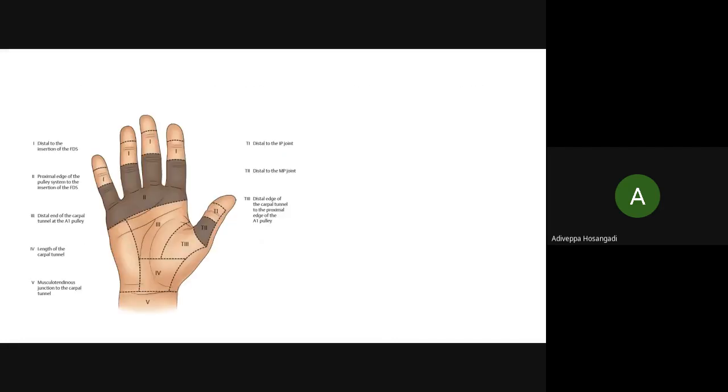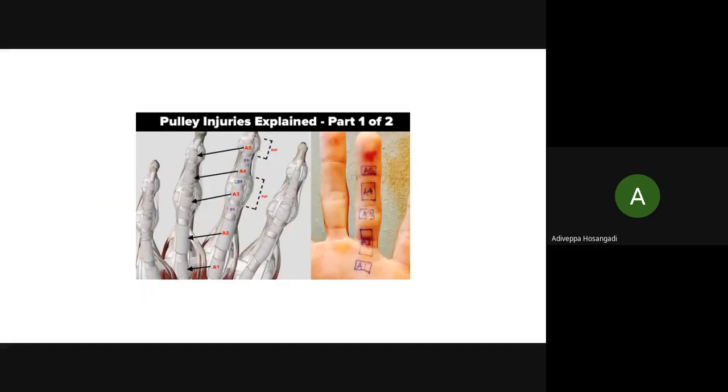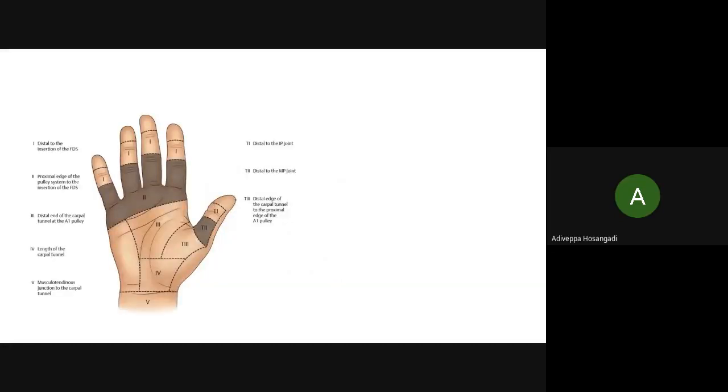Remember this diagram. It is very easy to remember. Look at your hand and compare with this hand. Distal to this part I was mentioning is the no man's land.